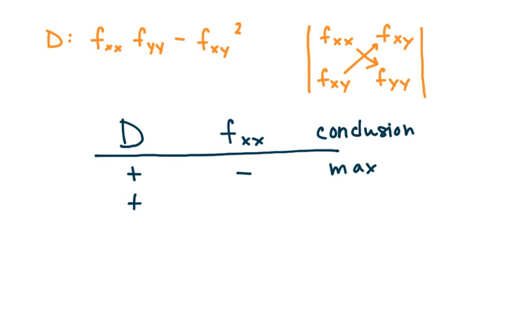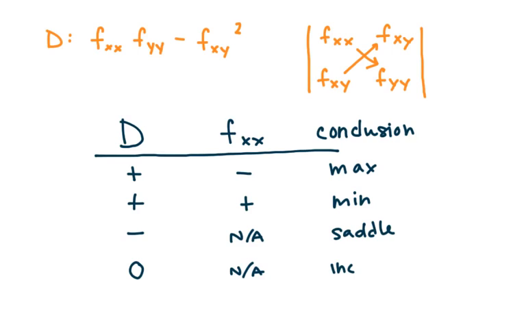And if the discriminant is positive and that second partial is also positive, that would mean we have a min. If the discriminant is negative, it doesn't matter what this is, we know we have a saddle point. And if the discriminant is equal to 0, it's inconclusive.